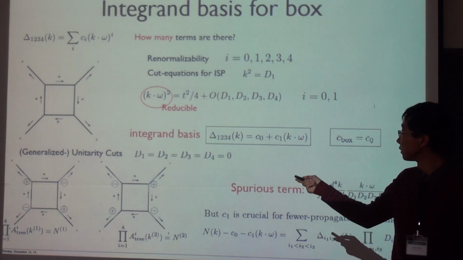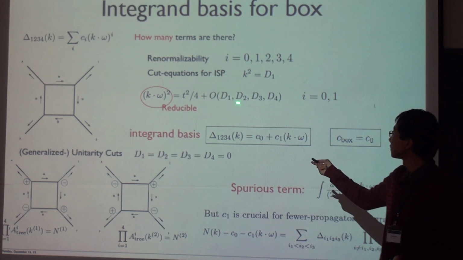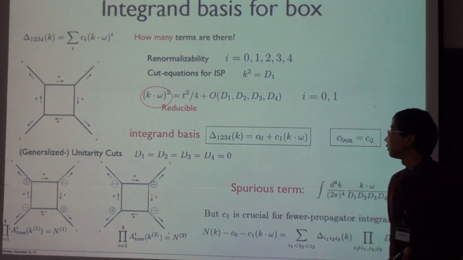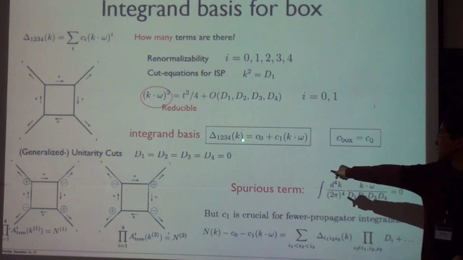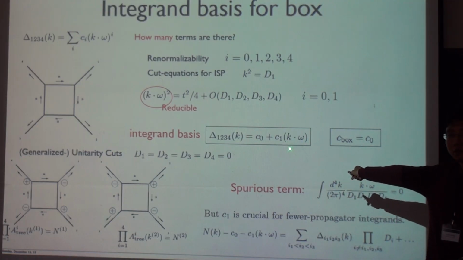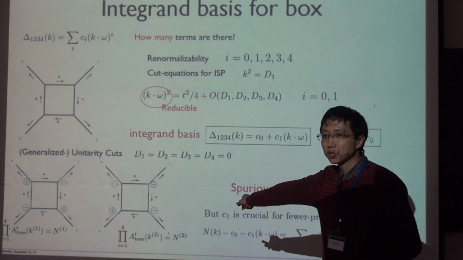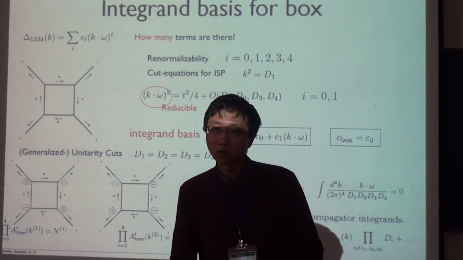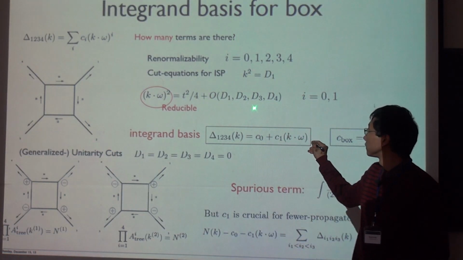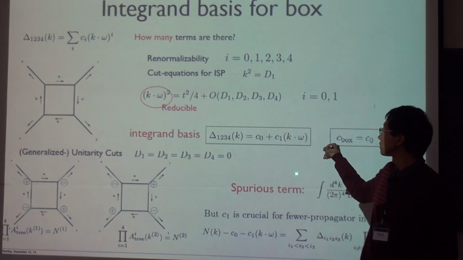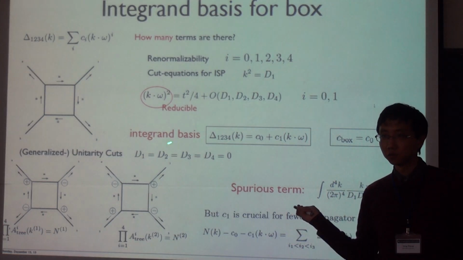So this one can be rewritten as some constant plus other denominators. Just by this kind of decomposition, you get the integrand basis, which is a constant term plus a linear term. Okay, it's almost the reduction. So that's a reduction at the integrand level. Here we just use the algebraic linear combination of the denominators several times. Then you get this kind of separation.